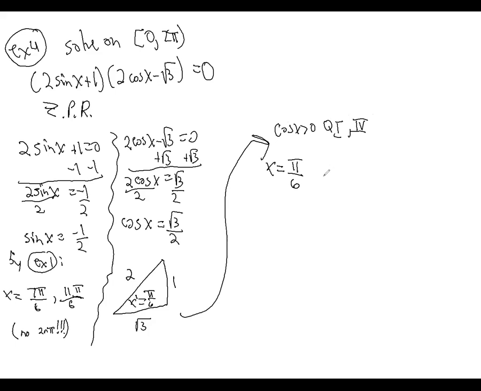That's a solution. And putting that in quadrant 4 would be 2 pi minus pi over 6. We've seen that problem done before. That ends up being 12 pi over 6, 12 minus 1 is 11, so we get 11 pi over 6.